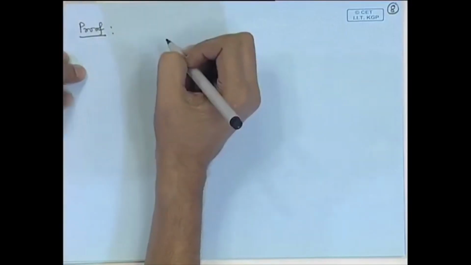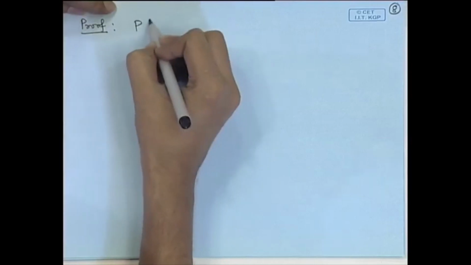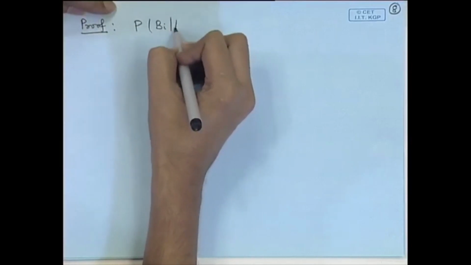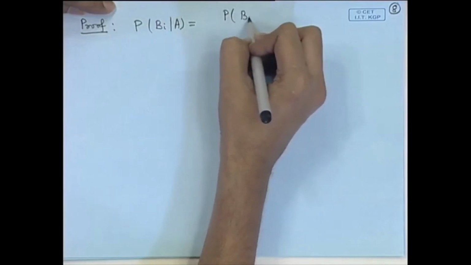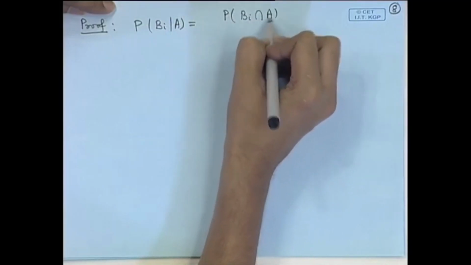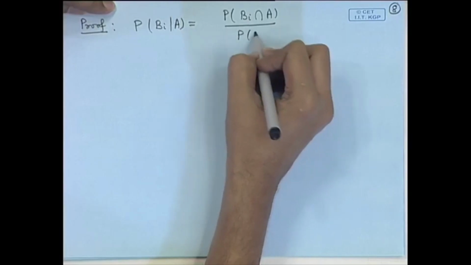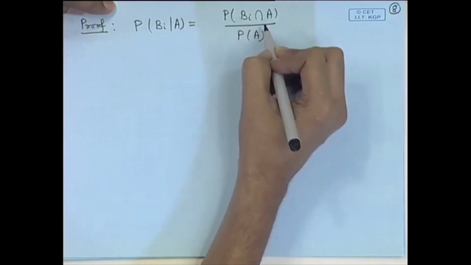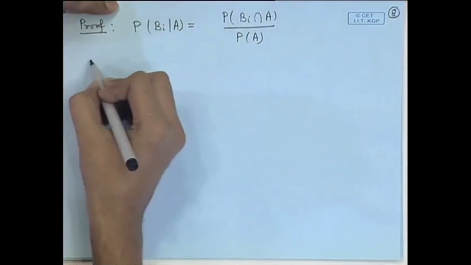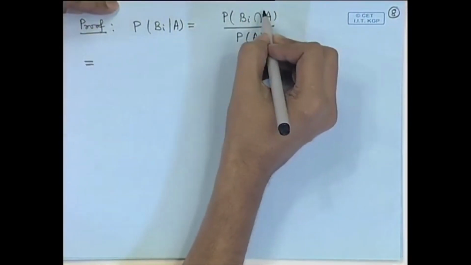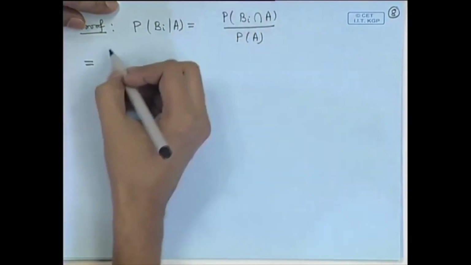So, we will just apply the definition of the conditional probability. Probability of B i given A is equal to probability of B i intersection A divided by probability of A, by the definition of the conditional probability. Now, in the numerator we can apply the multiplication rule in the reverse way.